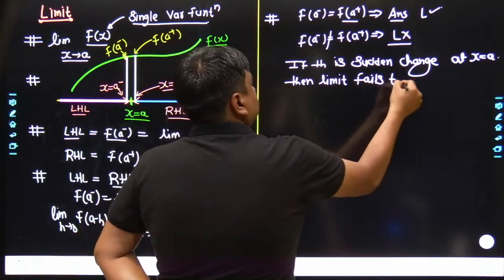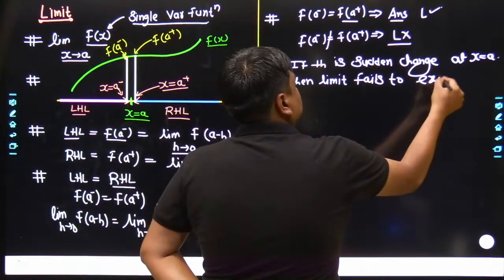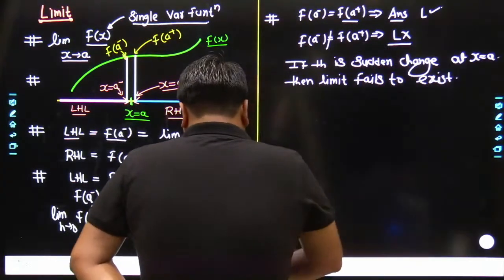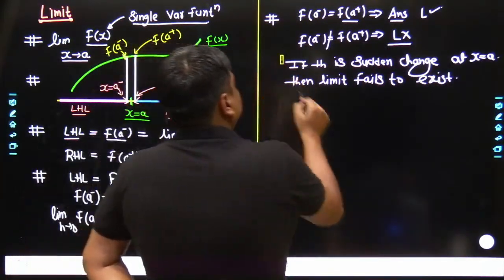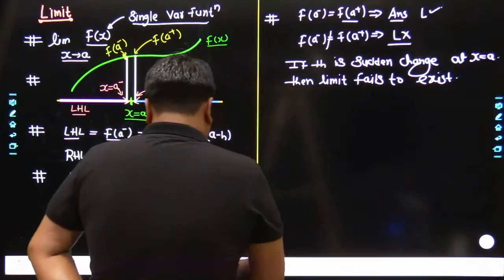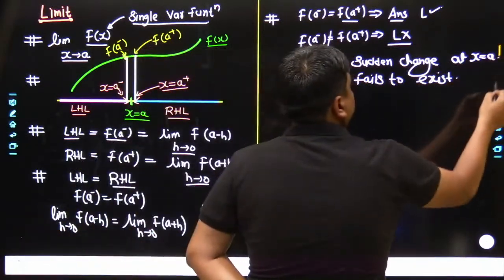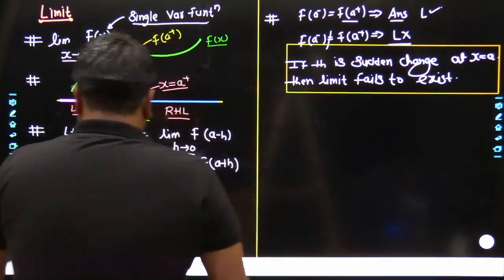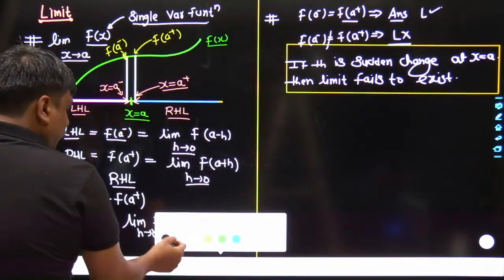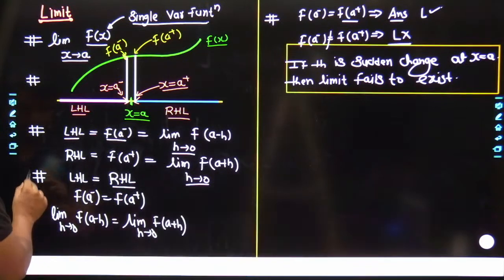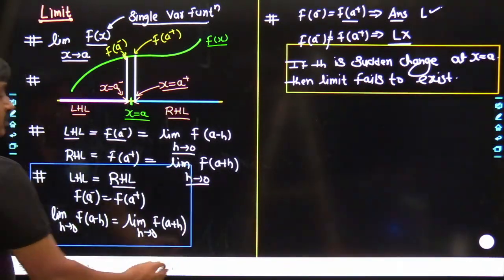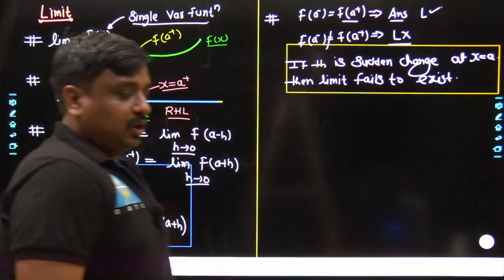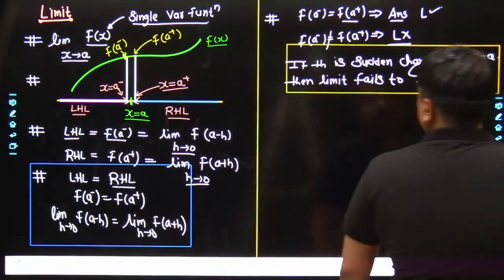So a few of the important conclusions which we have derived are these, and similarly a few more important conclusions which we have derived over here. These are the important conclusions.